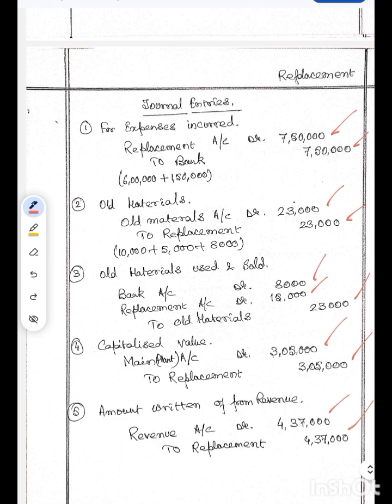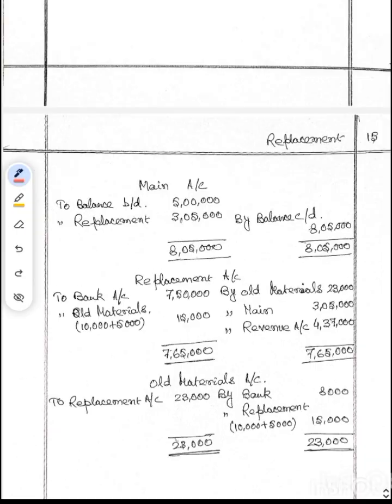Okay, thereafter come to our ledger. So in the ledger we know there we have an old main whose cost was rupees 5 lakhs, that is the balance B/D. Thereafter we incurred 7,50,000, bank account, replacement account debit to bank 7,50,000. Then there was old material 23,000 realized, and out of that old material 8,000 we realized through sale and 15,000 we realized.